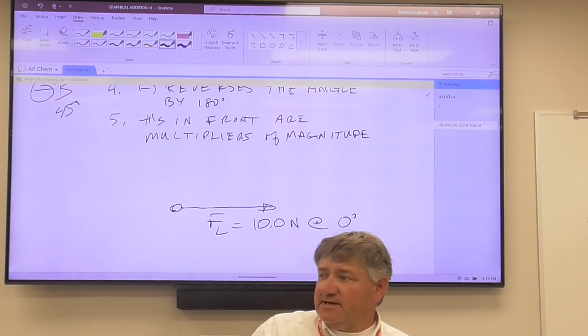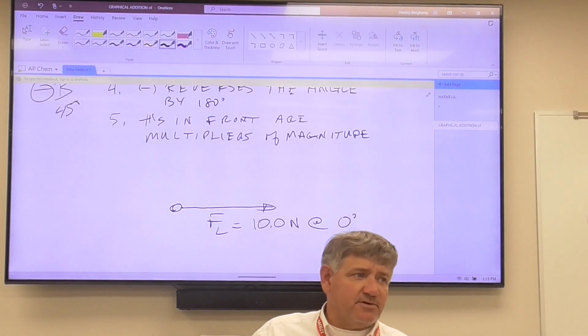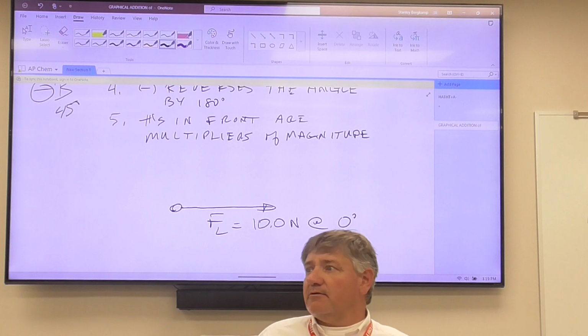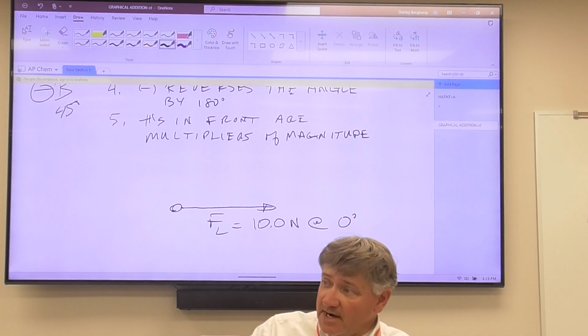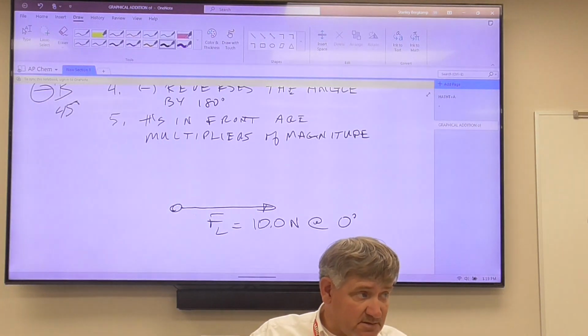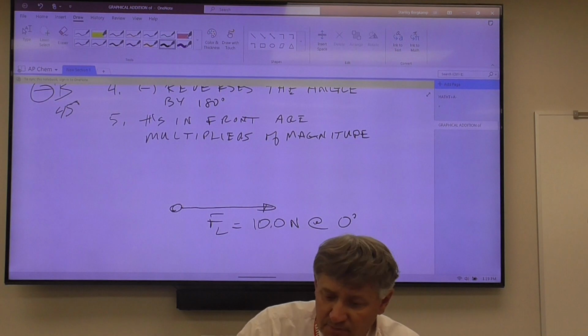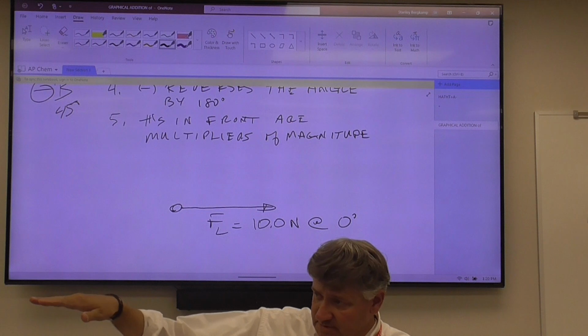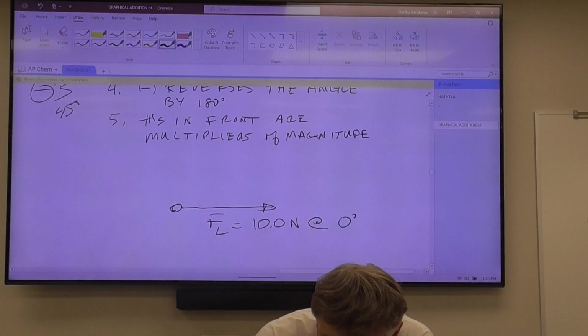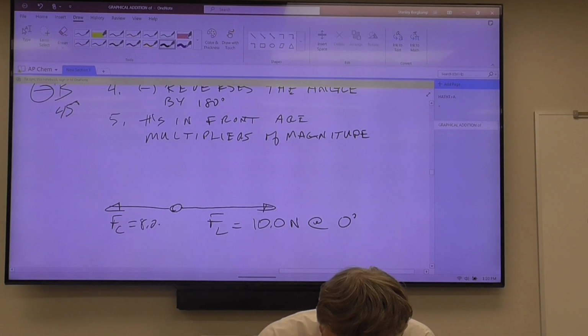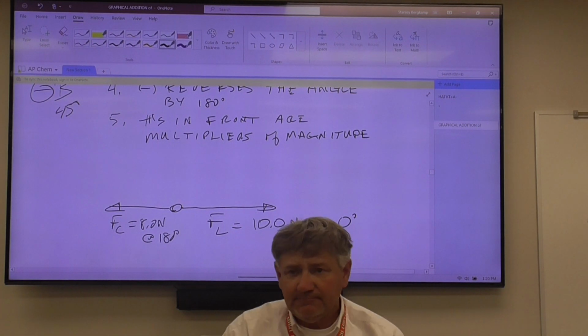Same thing is true if I just said, hey, Luke is pulling at 0 degrees. Great, I have the angle. I don't know how much force he's pulling with. So I've got to have the combination of both things, okay? So Luke is pulling 10 newtons at 0 degrees. Now, Chloe is pulling this way at 8 newtons at 180 degrees, okay?